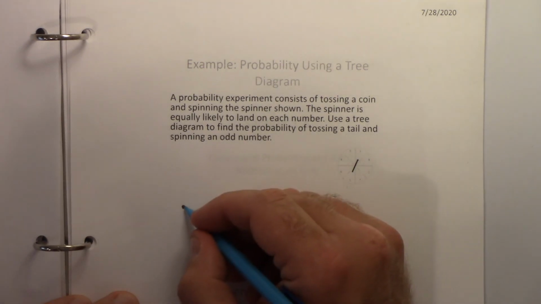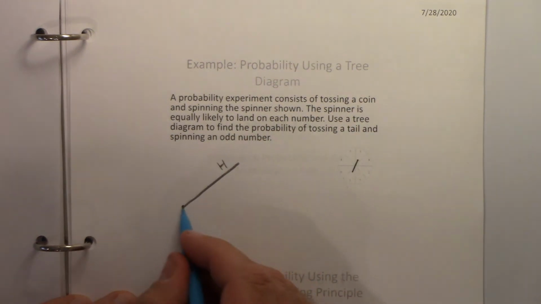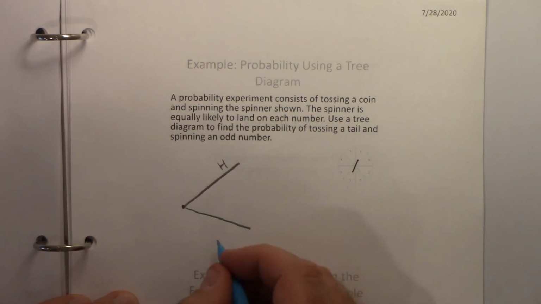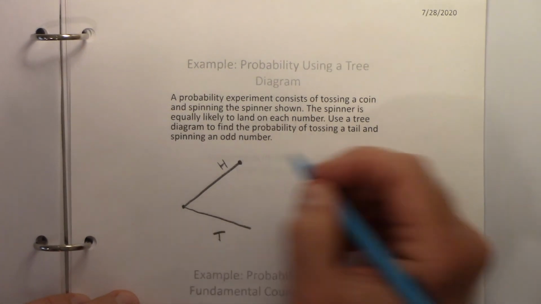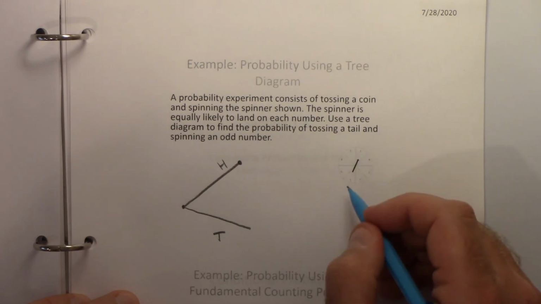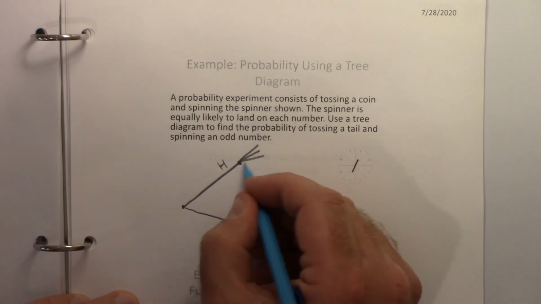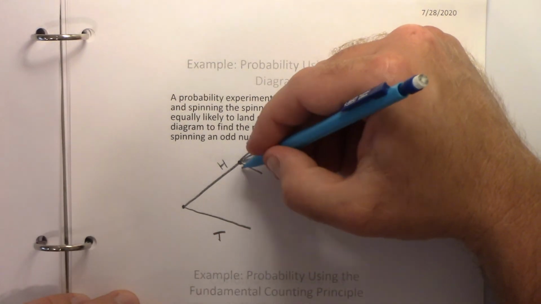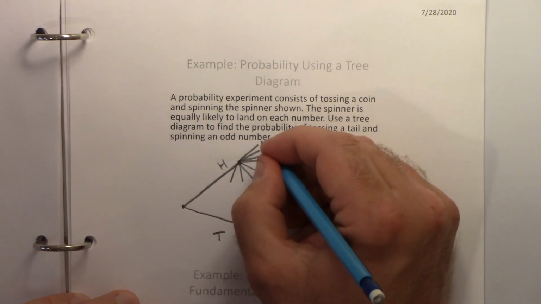Now when I toss a coin, I can follow the heads path or I can follow the tails path. If we go the heads path, we then have 8 outcomes total when we spin that spinner. So I'm going to draw in 1, 2, 3, 4, 5, 6, 7, 8. And I'm going to number those.